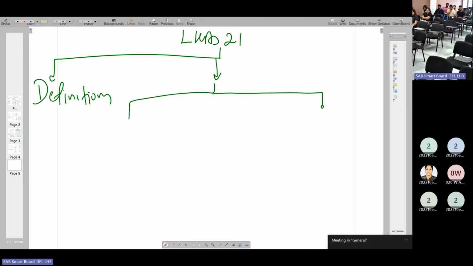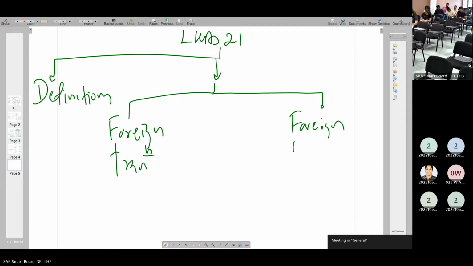Foreign transactions, foreign operations. What do you mean by that? Can you explain that? Can you please write down? This is the structure that we will be discussing.